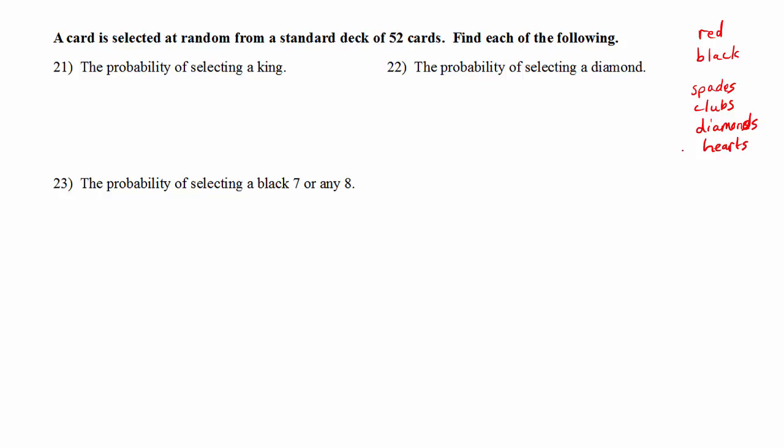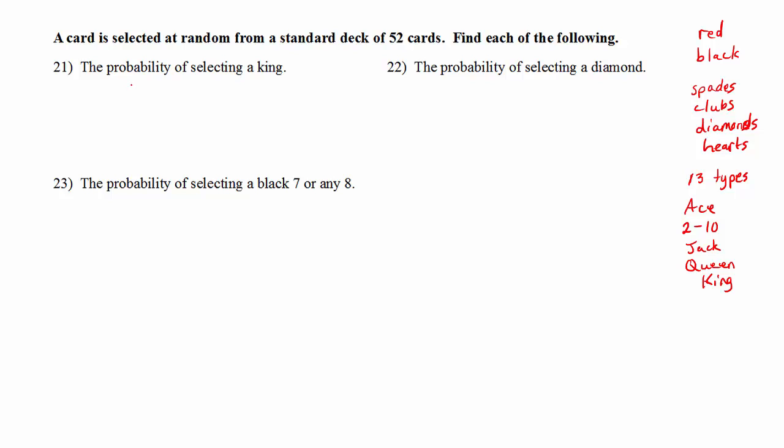And then there are 13 types of cards, I guess we could say. We start with ace, and then we have 2 through 10, and then we have jacks, queens, and kings. We're assuming there are no jokers because that would not make there be 52 cards.